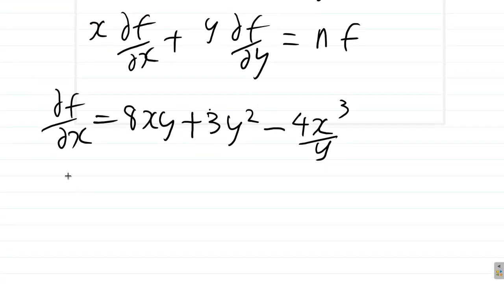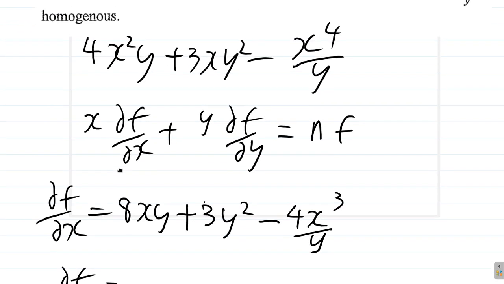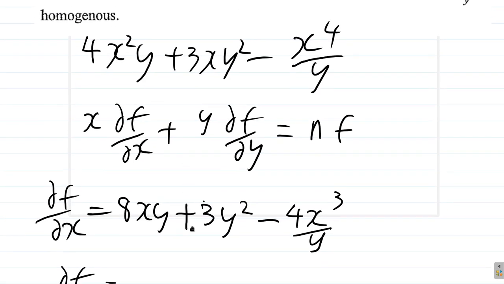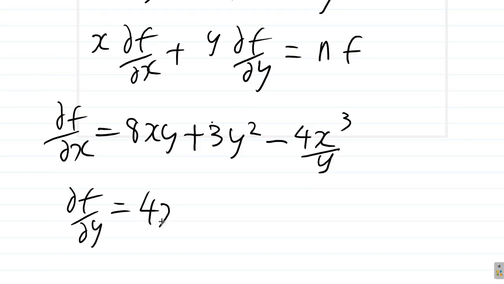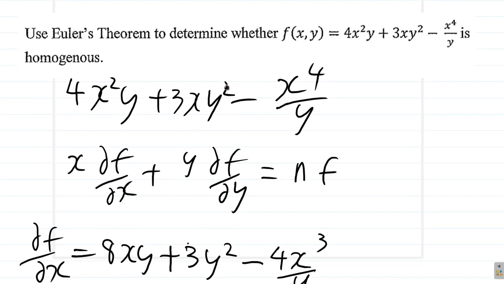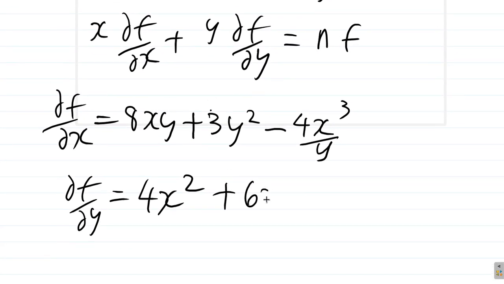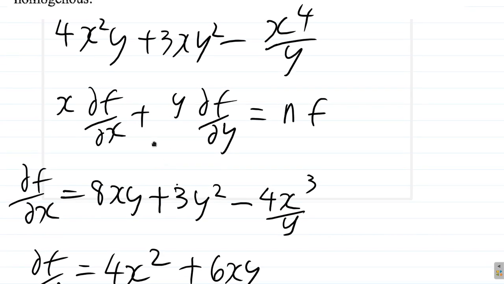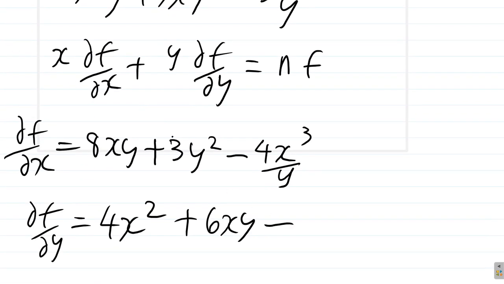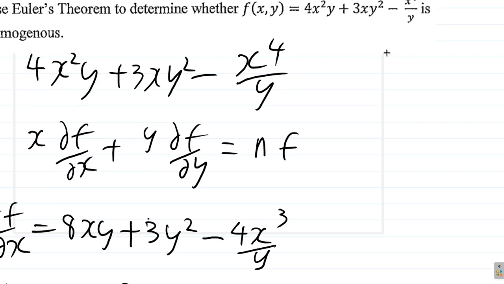Now, what is partial of the function by partial y? When you differentiate this part, you get 4x squared plus, when you differentiate this with respect to y, you get 2 by 3, which is 6xy, minus, when you differentiate this part, you can rewrite it as x to the 4 times y to the negative 1.